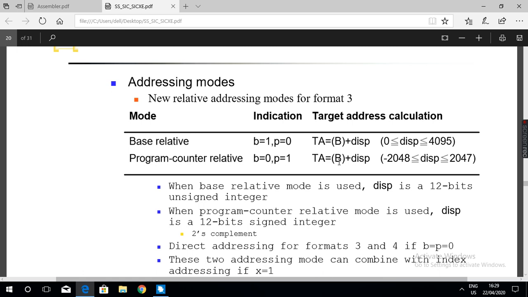So in program counter relative addressing mode, the target address is calculated by adding the content of the program counter, PC, plus displacement. These two are added to give the address of the memory location in the instruction.